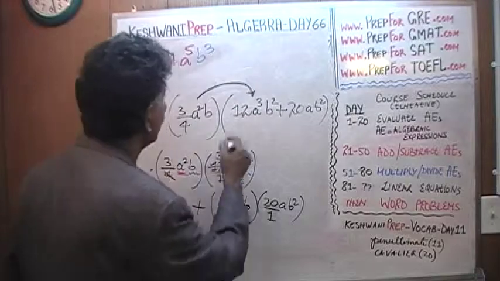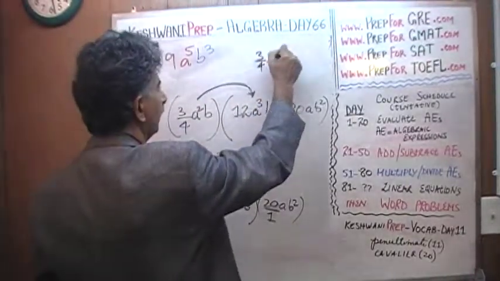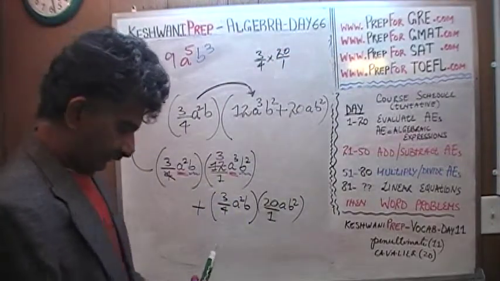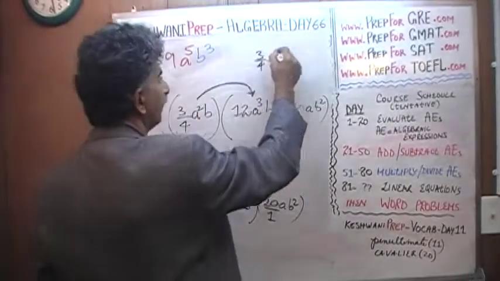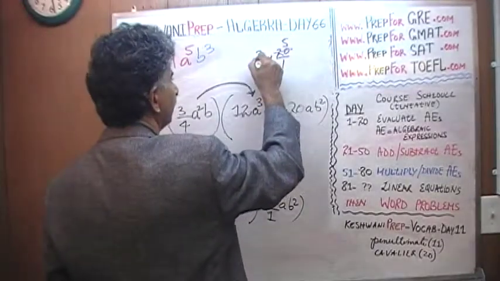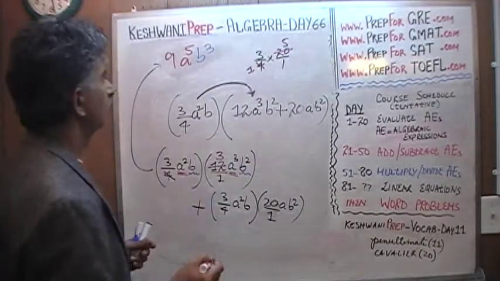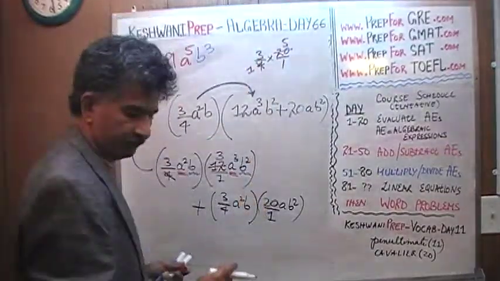So now we have 3/4 times 20, which is same as 20 over 1. And again, we can do the same thing. Divide the top and the bottom by 4. So if you divide 20 by 4, it becomes 5. Divide 4 by 4, it becomes 1. Again, whole number, what do you know? So this is just 1 times 1, which is 1. Over there we get 3 times 5, which is 15.